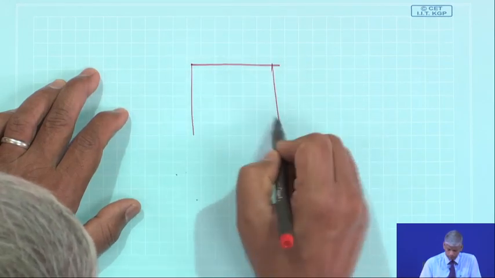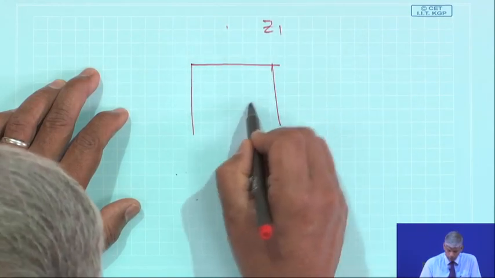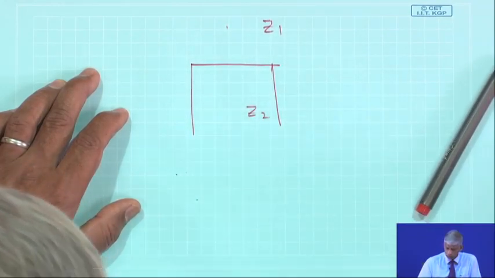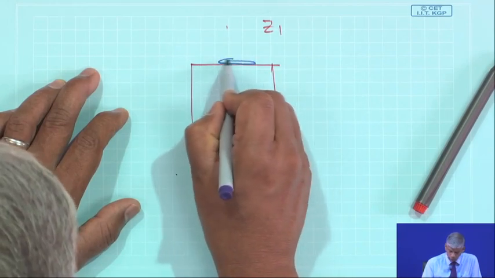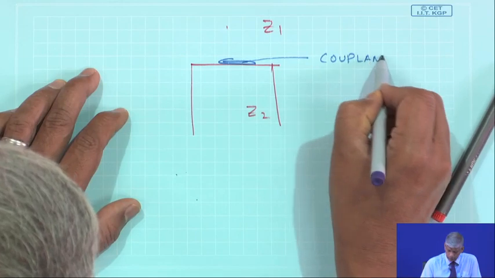So, we put some sort of a gel, because of the impedance Z1 and impedance Z2. On this layer we put a couplant gel.